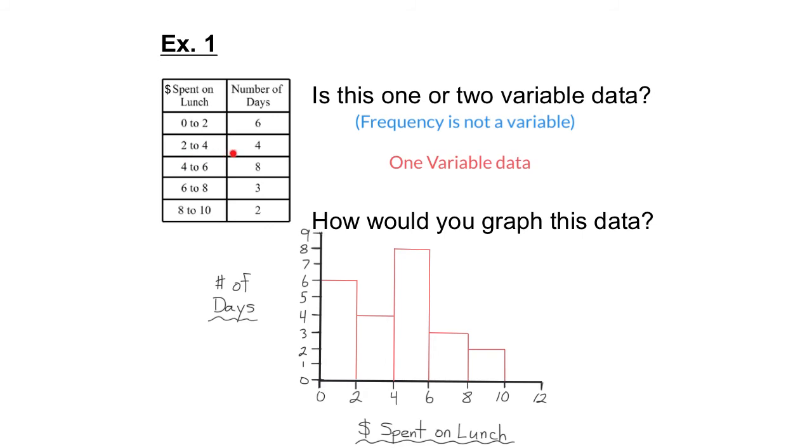Between $2 and $4, there were 4 days where that amount was spent. So here's my other bar, etc. And you want to make sure that your bars are touching each other. These are not separate categories of information. They're on a continuous scale. So keep those things in mind as you create histograms.